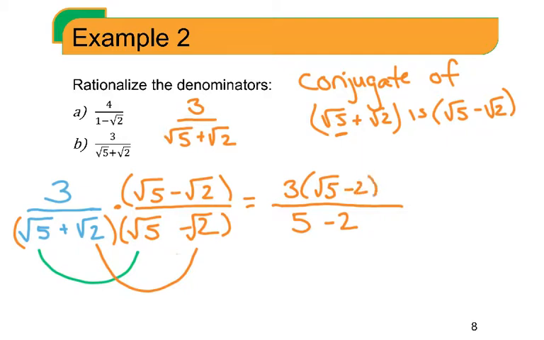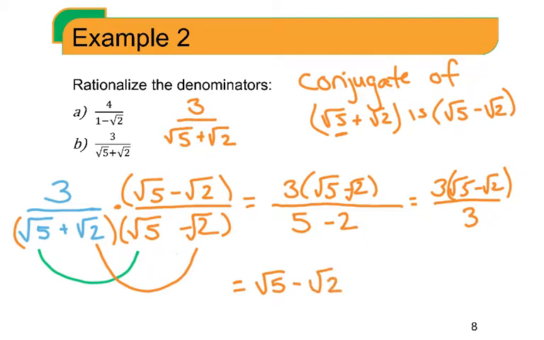Let's see what this turns into. What is 5 minus 2? Isn't that 3? So my final answer is square root of 5 plus, nope, my bad, minus the square root of 2. How odd is that? That's what this is equivalent to.